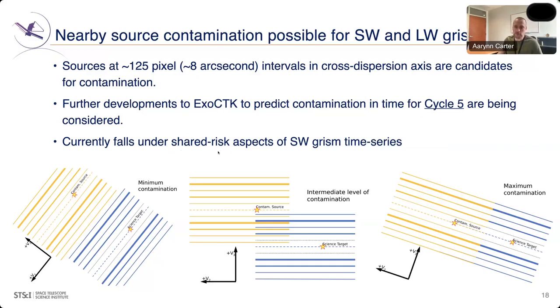This mode is new. We're still calibrating it, and there are things to do to really lock down our understanding of the mode and how best to use it. So within that, there will be a couple of points in the talk where we'll emphasize this shared risk and what that really means as a proposer. In this case, it might mean if you had a lot of contamination, then there might not be a necessary recourse to repeat an observation to get rid of that contamination or pick a more favorable V3PA.